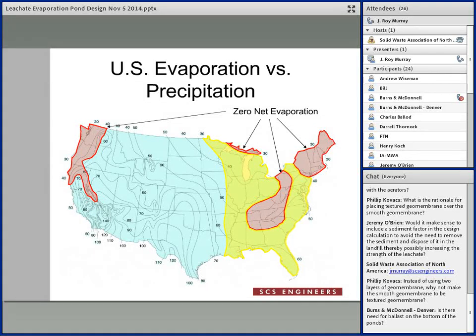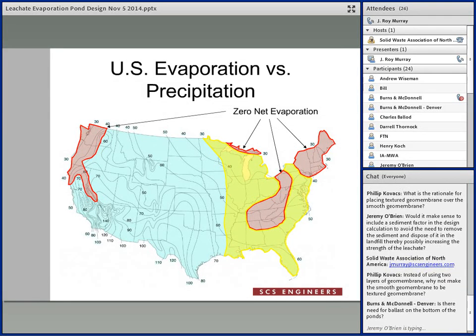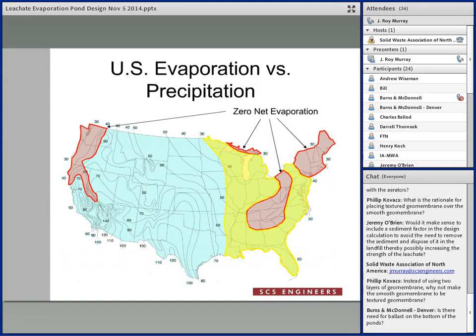No, there's no need for ballast on the bottom of the ponds. I guess the assumption is that you're not going to be building these ponds down into groundwater. If you were to build these ponds to where you actually had groundwater acting on the bottom of the ponds, then you would require ballast.